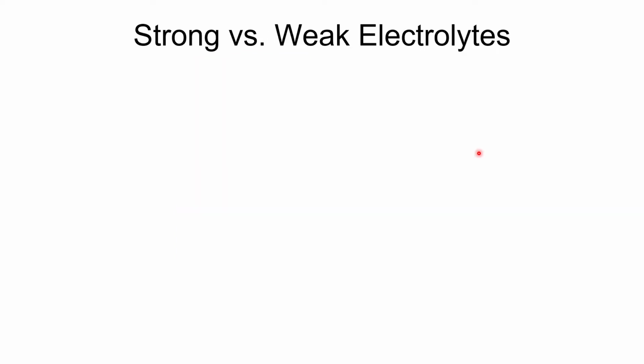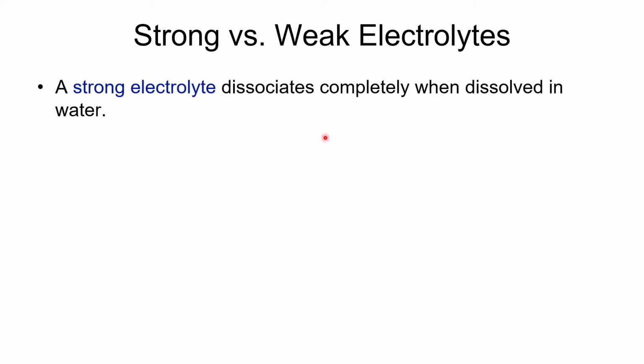So we want to distinguish between what we call strong electrolytes and weak electrolytes. So strong electrolytes are things that when they are dissolved in water, they completely dissociate. And by completely, we mean essentially 100%. Now, if you go on and take the second semester of this class, you will see that in fact, we do sometimes have things that dissociate like 99%, and we're going to call that a strong electrolyte.